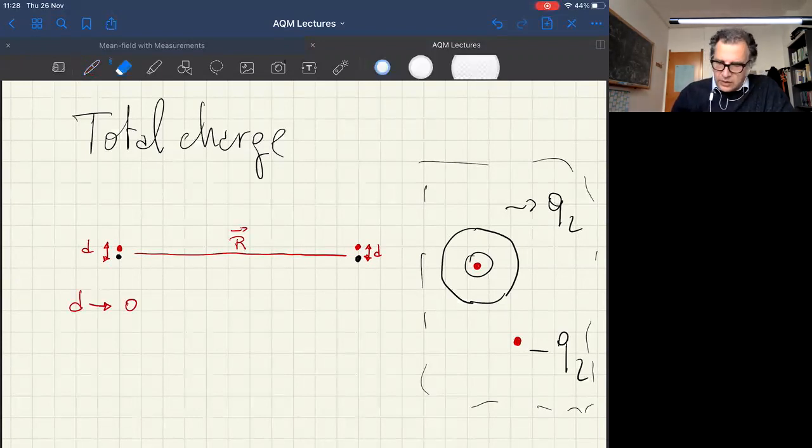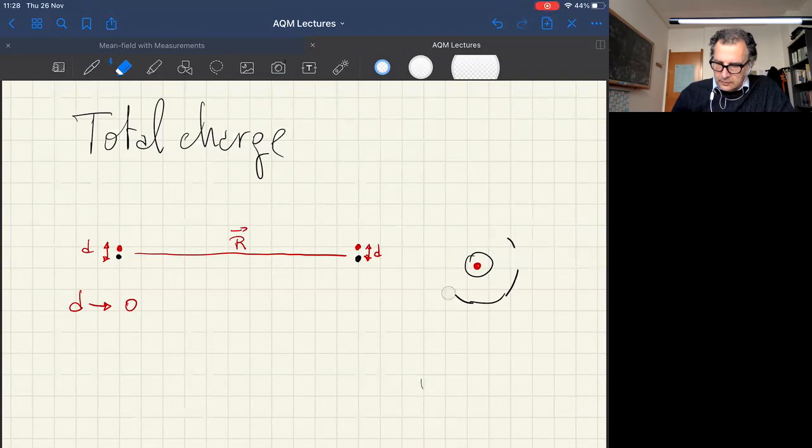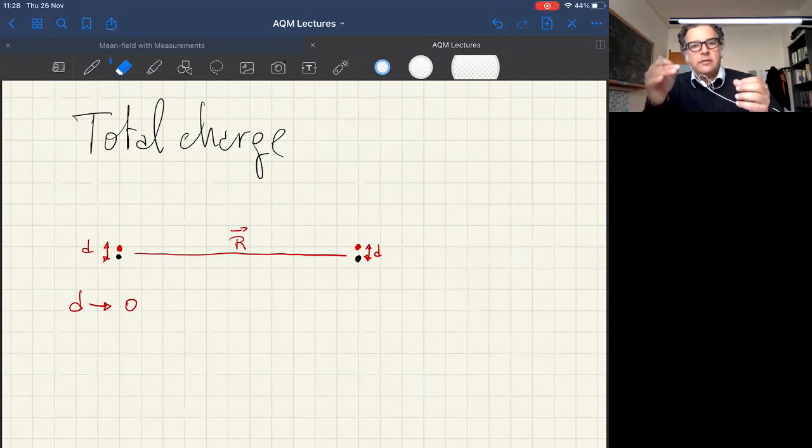If D goes to 0, what is the Coulomb interaction? The Coulomb interaction would be 0 because basically you have 0 charge, okay?